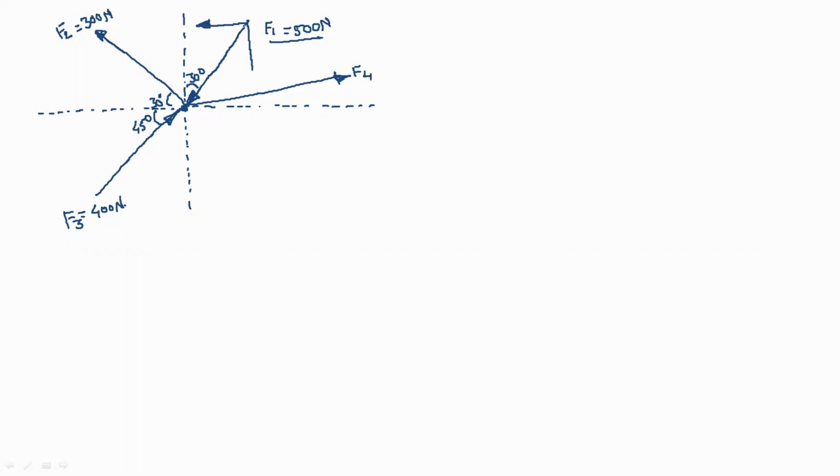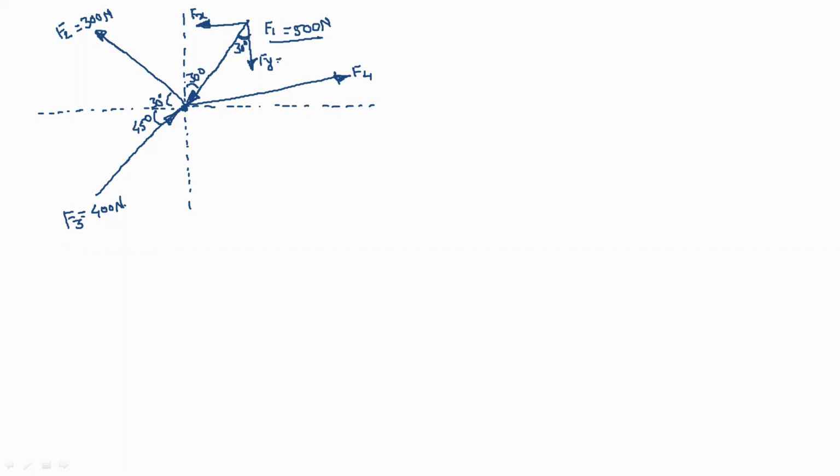This will be your x component, and this will become your y component. Now we have to find out the angle. This angle is 30°, so this angle will be 30°. These are the alternate angles. So this component will be the Fy component, and this component will be the Fx component.